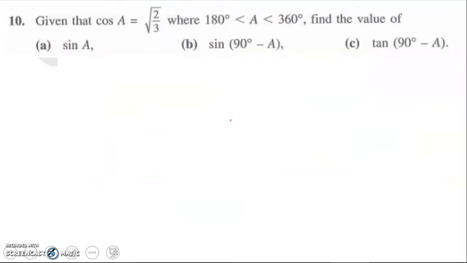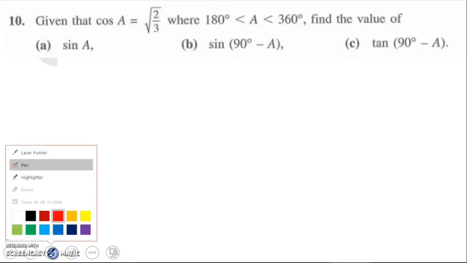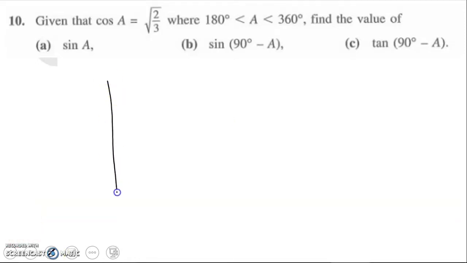Okay, for number 10, I'm just going to do one of these since I just kind of want to save time. Let's go ahead and do, let's see, we can do number 10b. Okay, cosine is equal to square root 2 over 3.